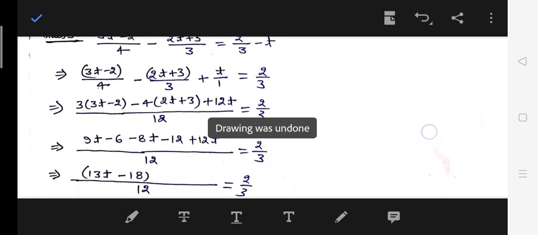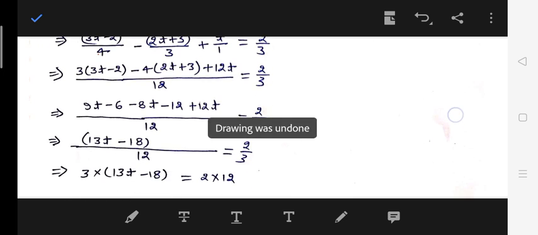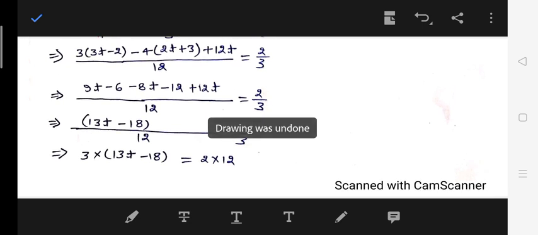Okay, now 3 into 3t is 9t, 3 into minus 2 is minus 6, and minus 4 into 2t is minus 8t, minus 4 into plus 3 is minus 12, and plus 12t upon 12 equals 2 by 3. Now if you add 9t minus 8t, 1t plus 12t, 13t, minus 6 minus 12 is minus 18, upon 12 equals 2 by 3.